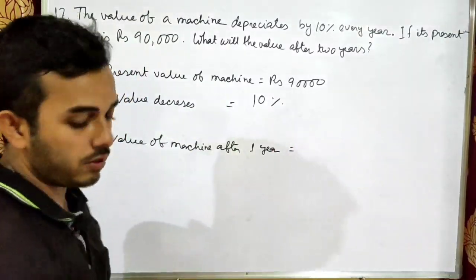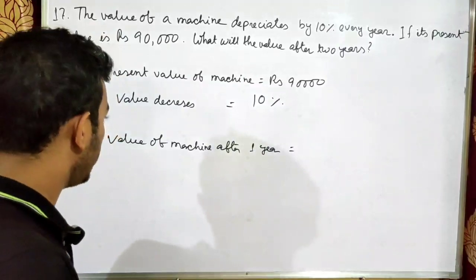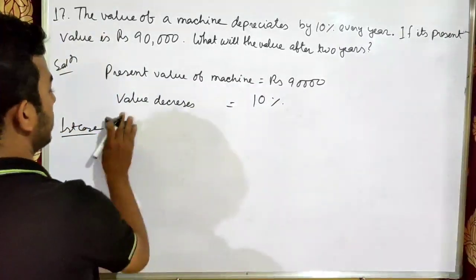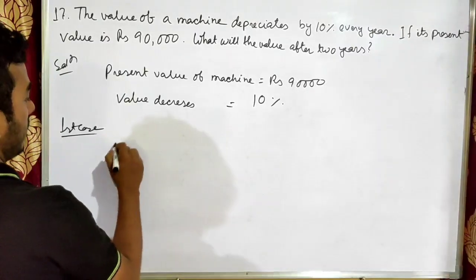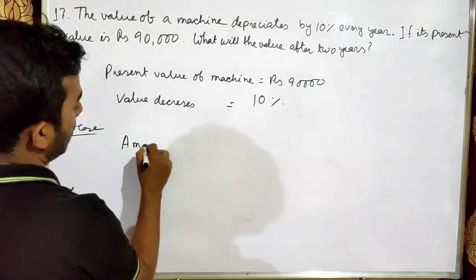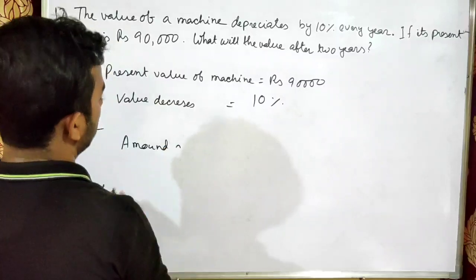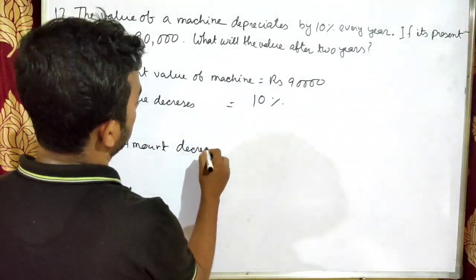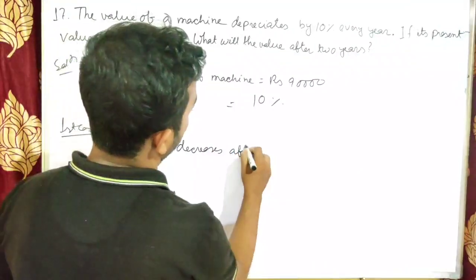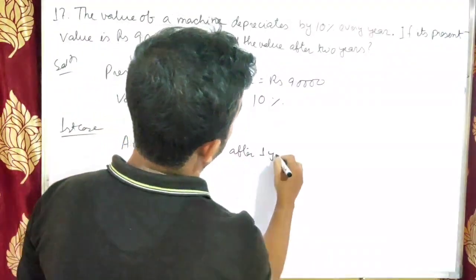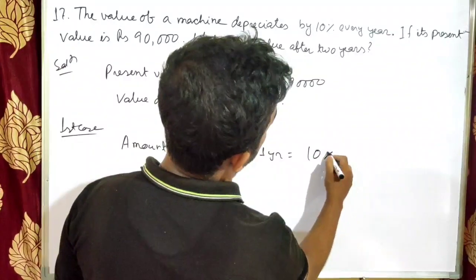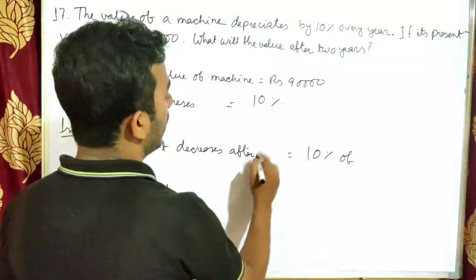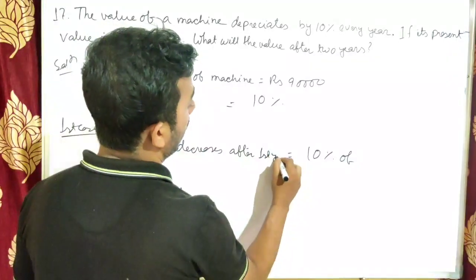First case, we'll write like this: amount decreases after first year equals what?